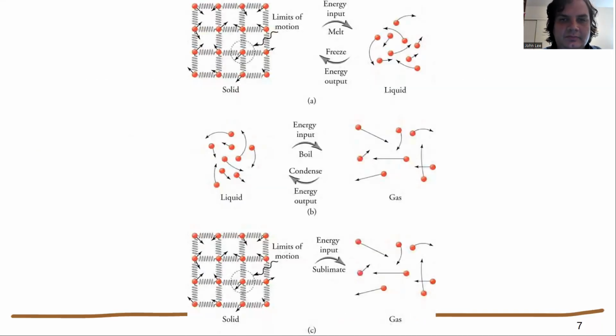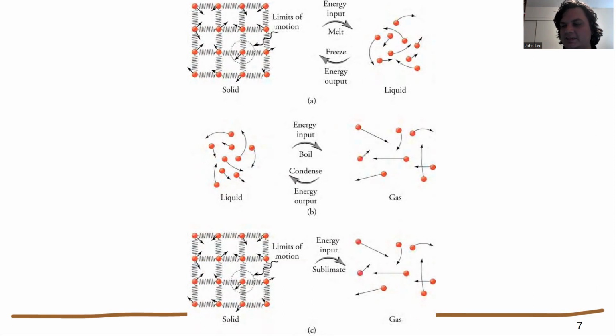When you input energy into breaking chemical bonds, or electromagnetic bonds, which are the bonds that are holding a solid in place, keeping a solid from moving around.